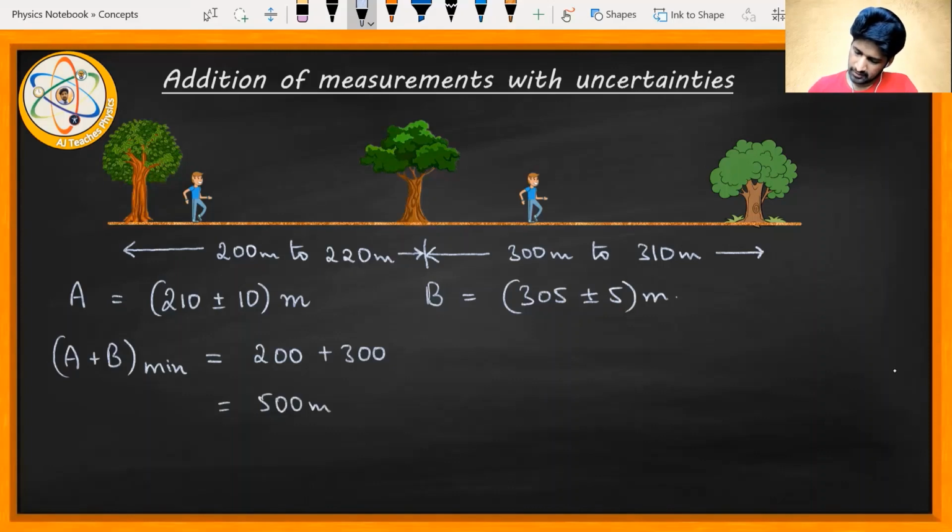And if you want to calculate the maximum possible distance between the first and the third tree, go ahead and try it on your own. Once you're done with that, you can continue with this video.